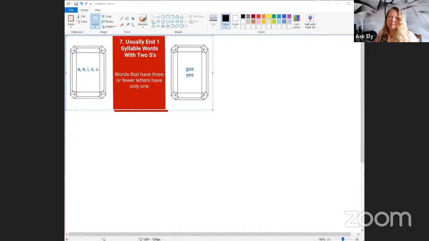Yes, bus, right? Only one S. That one's useful to know because a lot of students want to spell bus, B-U-S-S. But if they know the rule, oh, 3 letters, only one S, right? Bus.